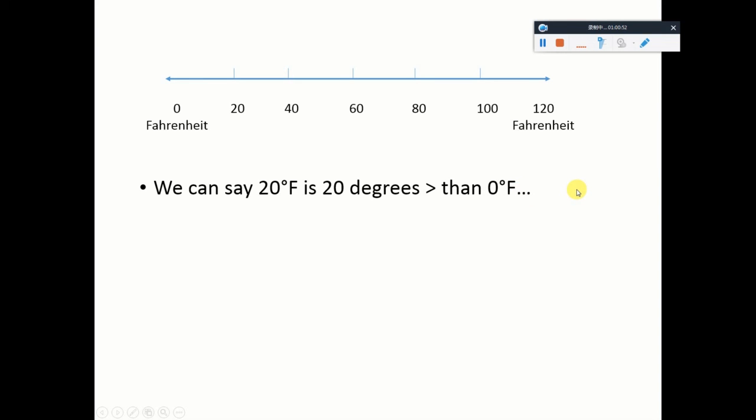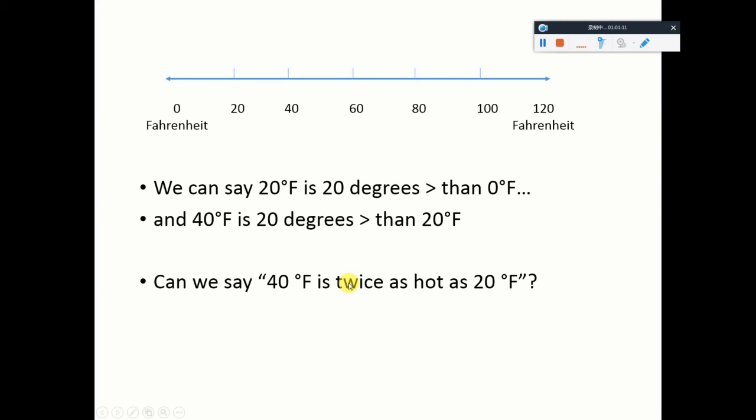That we can say, right? And we can also confidently say that 40 degrees Fahrenheit is also 20 degrees warmer or higher than 20 degrees Fahrenheit. So far, so good. But my question for you is, can we say that 40 degrees Fahrenheit is twice as warm as 20 degrees Fahrenheit? Can we say that? Why? Or why not?